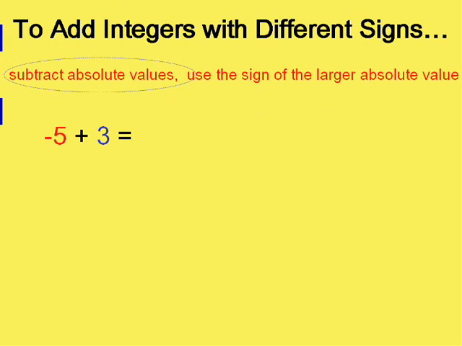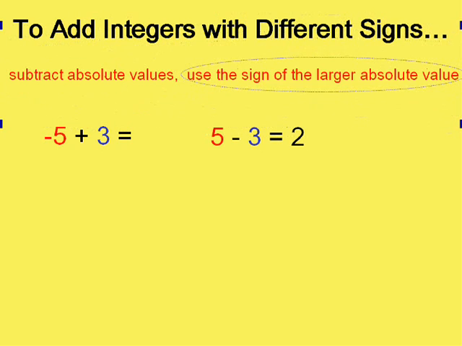Just forget the signs, in other words. 5 minus 3, and got a number of 2. Now, we made the answer a -2 because the number with the largest absolute value was -5. So his sign goes with the answer. You are correct, sir. And the answer is -2.